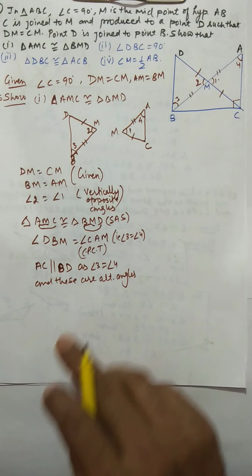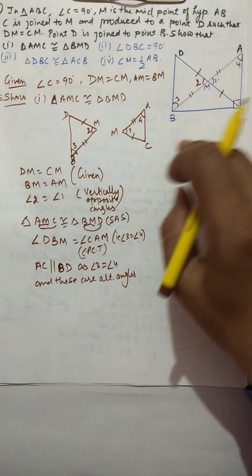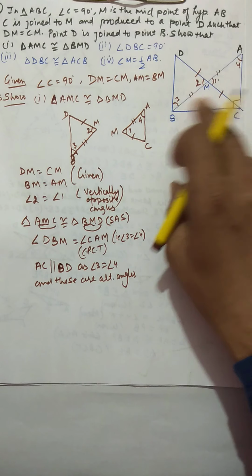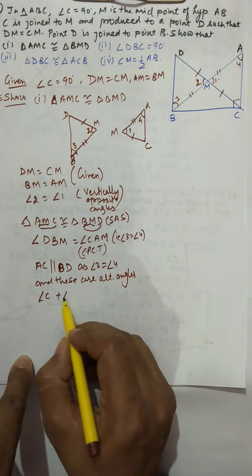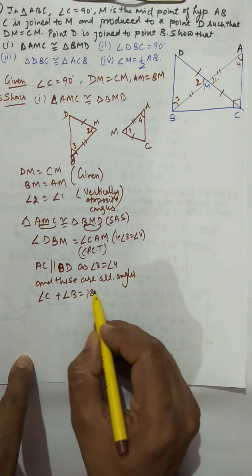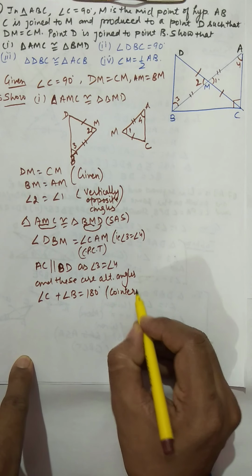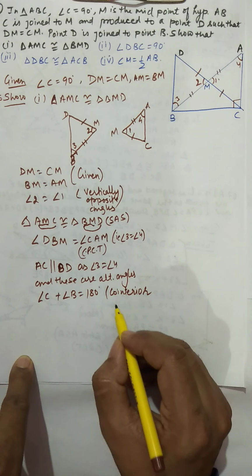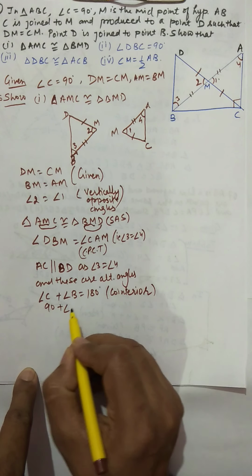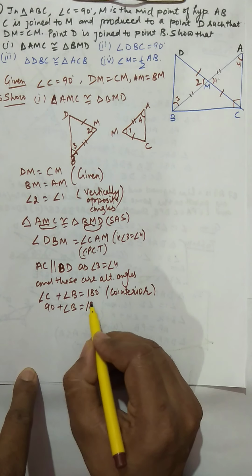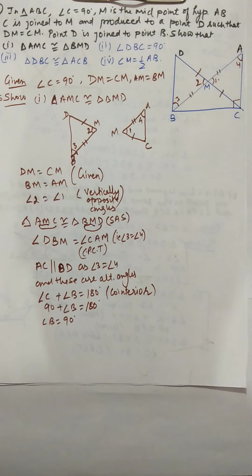So because of this reason you can say that AC is parallel to BD. Now if AC is parallel to BD, then angle C plus angle B will be 180 degrees. This is co-interior angles: if two lines are parallel, then the co-interior angles sum to 180. So C is 90, so B will also be 90. From here we are getting angle B equal to 90 degrees.